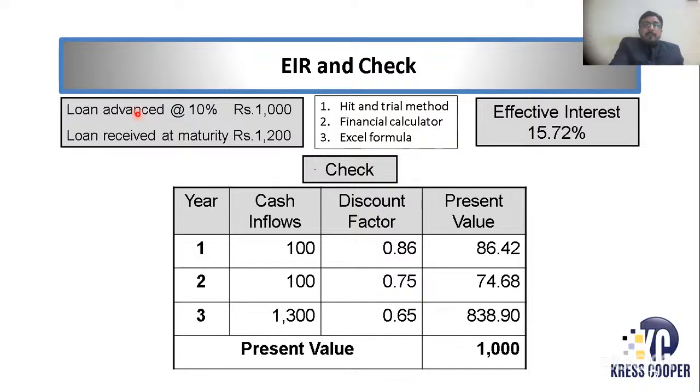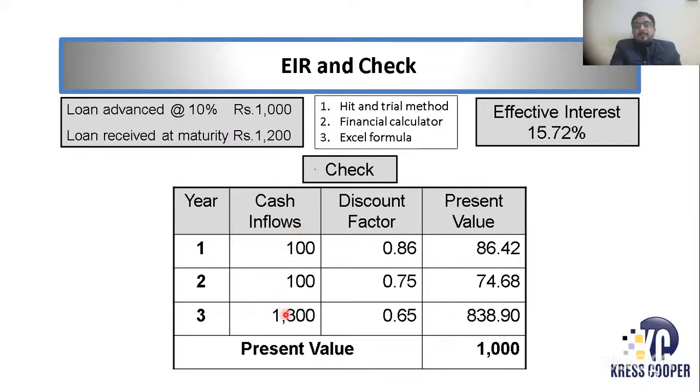So the fair value today is 1,000 and the future cash flows are 100, which is 10% of the 1,000 coupon rate, the cash flow that the bank will receive after 1 year. After 2 years, it will receive 100 again. And after 3 years, the bank will receive 100 plus 1,200, 1,300.